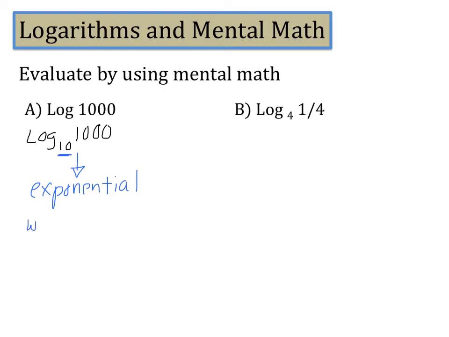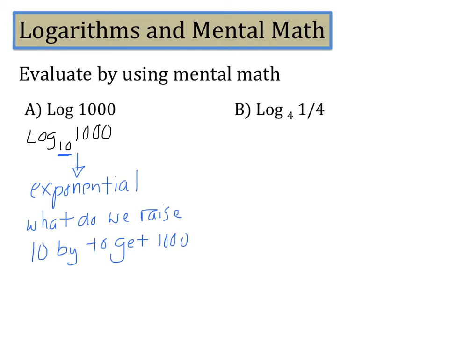So, what do we raise 10 by to get 1,000? I can write that in an algebraic equation. I have the number 10. I don't know what I'm raising it to, so I can say that's x, and it has to equal 1,000.